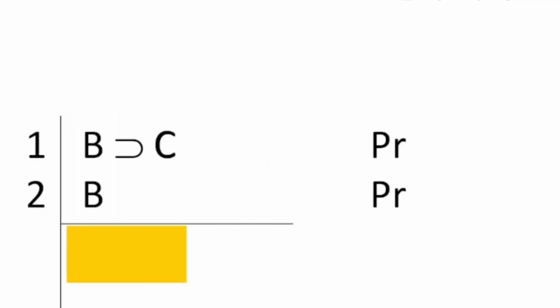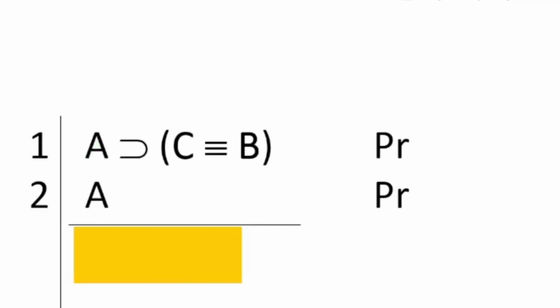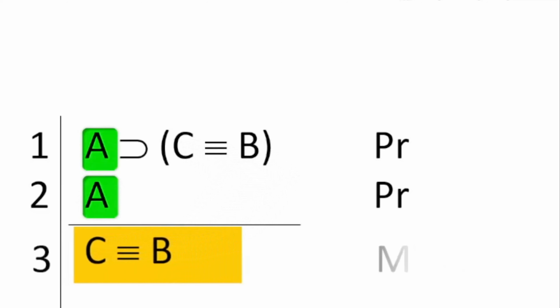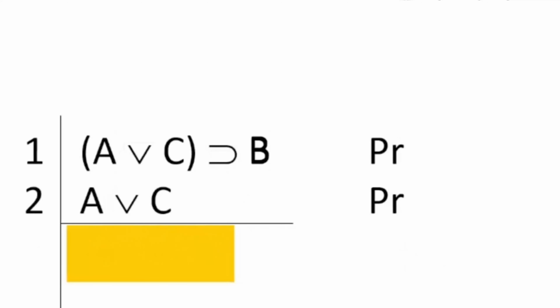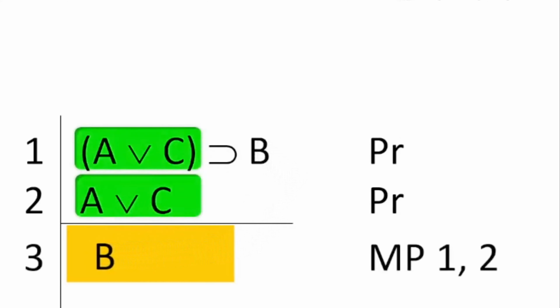We have the conditional, if B then C, we match the antecedent B, we can detach C. Again, we have a slightly more complex conditional, we match the antecedent, and we can detach the consequent. Here's a more complex case. We match the antecedent and we detach the consequent.